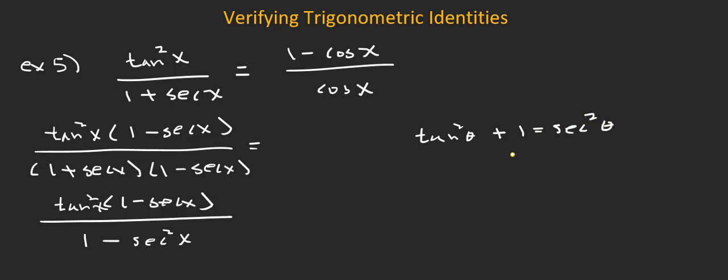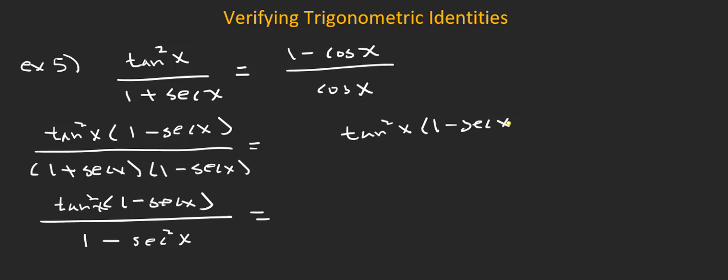Okay? So what is 1 minus secant square theta? Well, that's going to be negative tangent square theta. So here, 1 minus secant square x is the same thing as negative tangent square x. So what I'm going to do is, I can write it as tangent square x, quantity 1 minus secant x, all over negative tangent square x.